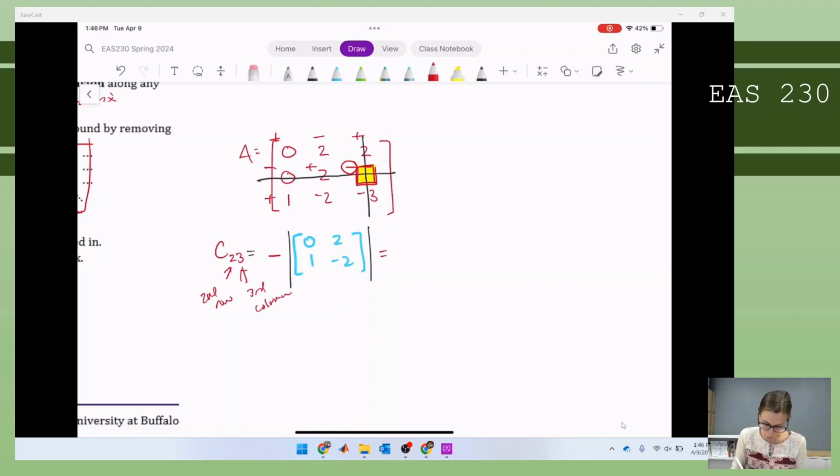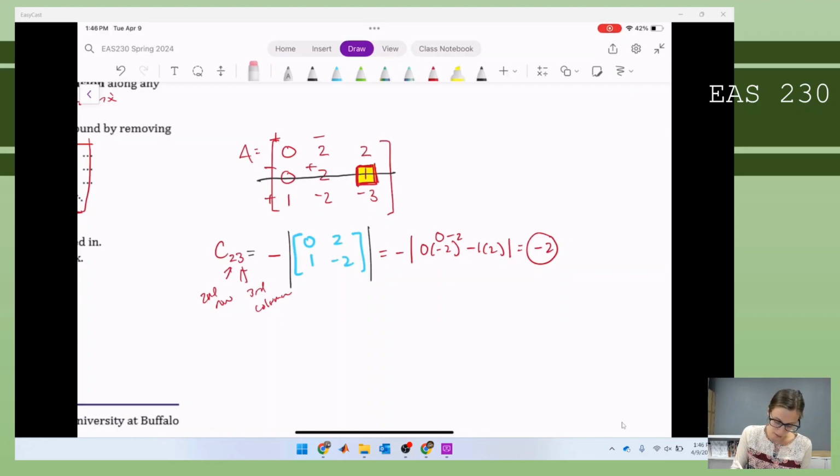So it's negative, 0 times -2 minus 1 times 2, or negative 0 minus 2, which is -2. That is my cofactor for this element right here.